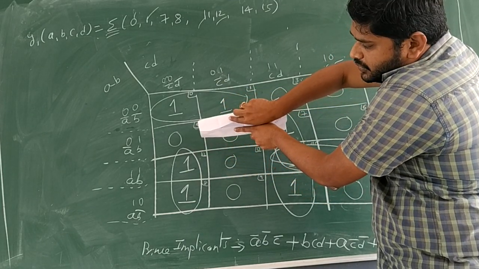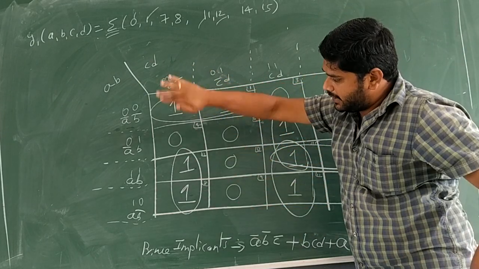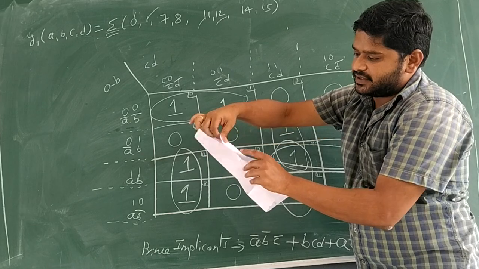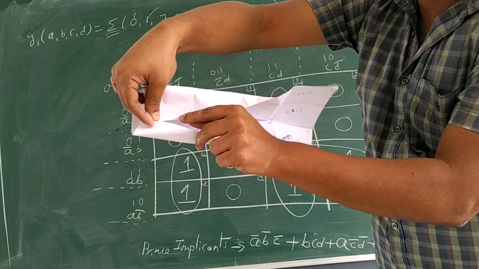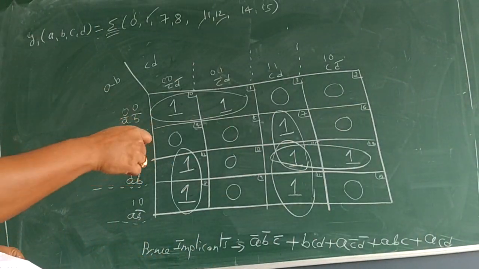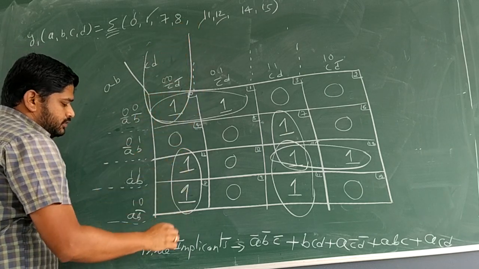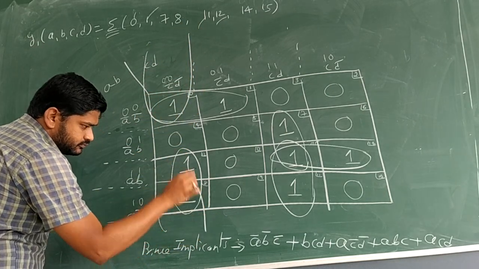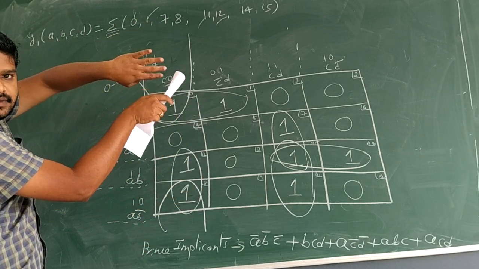If you fold, the cells 0 and 8 will be adjacent like this. So how to show the adjacent? See here. That means you have folded like this.